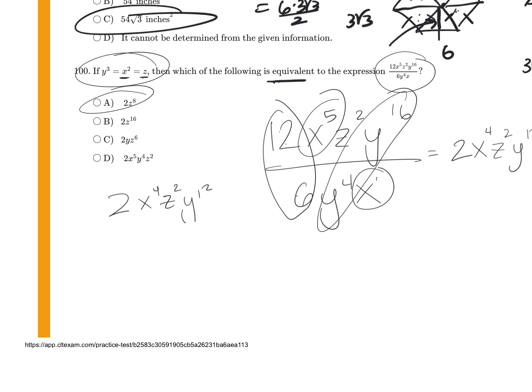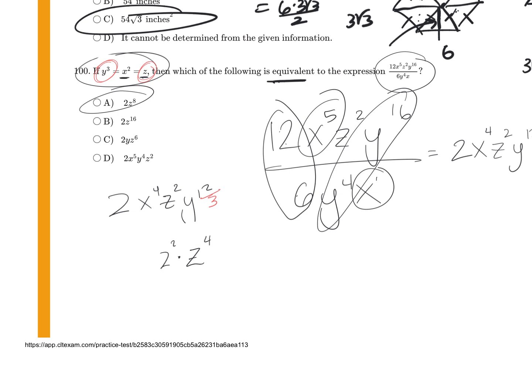Okay, so we have to use the equation at the top. 3 y's equals 1 z. So it takes 3 y's to equal 1 z. So I can divide this by 3. 12 divided by 3 is 4. So y to the 12th is actually z to the 4th.